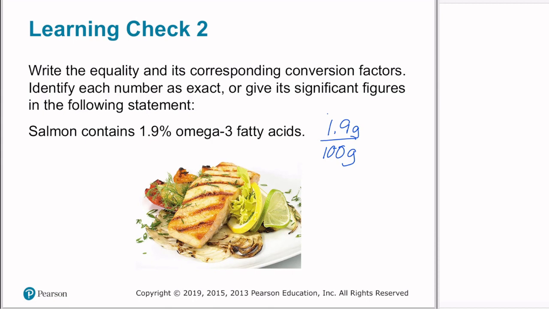Now let's examine that a little further. Notice that the 1.9 is a measured value, and that's going to limit our number of significant figures. So for a problem like this, we would have 1.9 grams out of 100 grams total, and the 1.9 would limit our significant figures to 2.